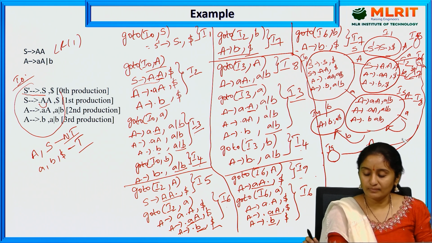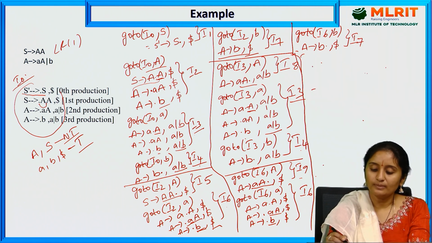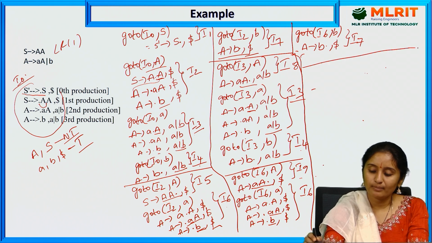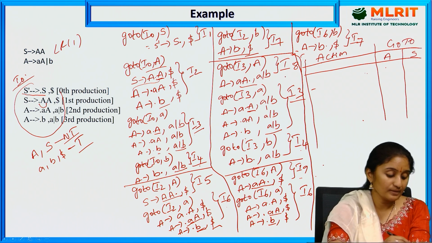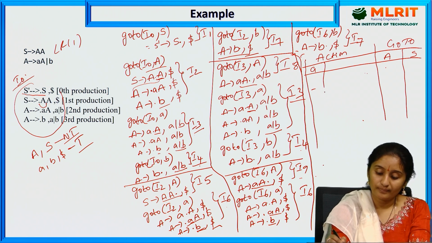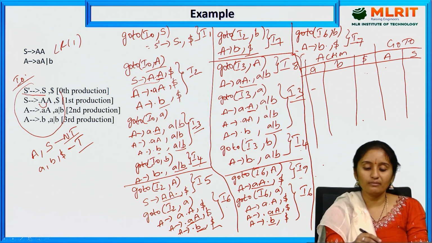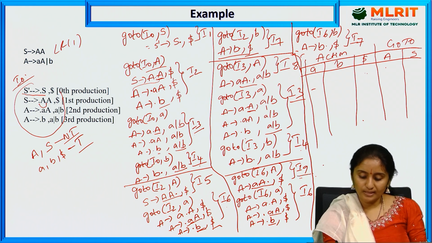So let me draw the CLR of one parsing table. Goto: A, S, and what are the terminals I have? a, b, and the dollar. How many states do I have here? Total number of states are up to I9.